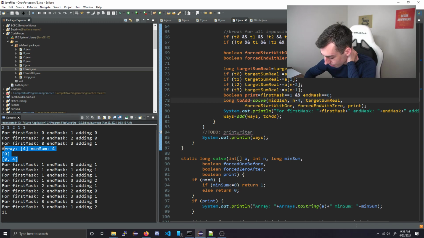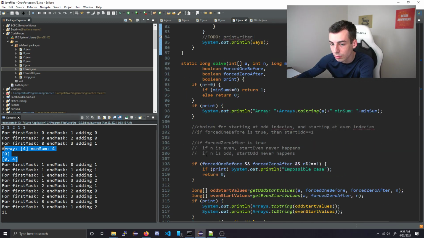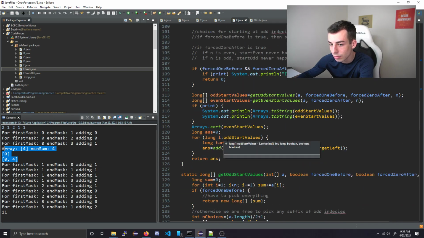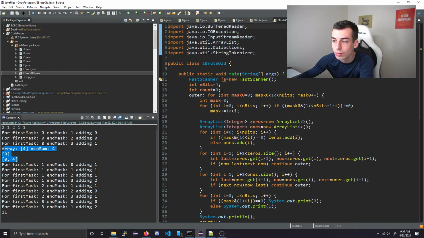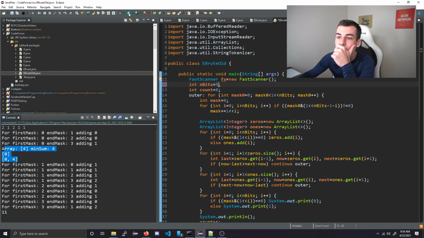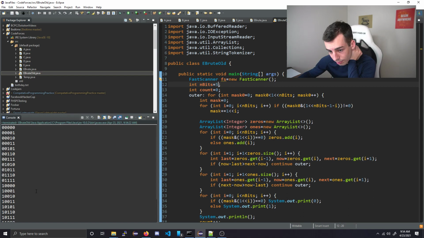So your sum can be big enough if you take it. Yeah, so it's not allowed is the problem.